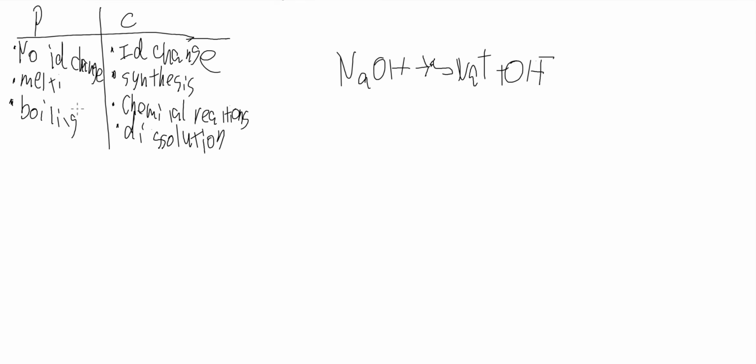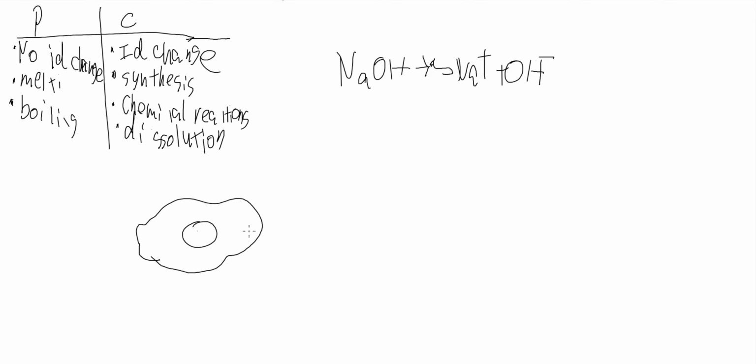So, as a little bit of a sub review, physical changes are changes in which there has been no identity change. Chemical changes are those where there has been an identity change. And you can actually see that in our analogy of cooking. So, say you have an egg, right? I'm just gonna draw one. If you have an egg, and if you cooked one before, you know that the egg white starts to turn white, and the yolk starts to turn yellow.